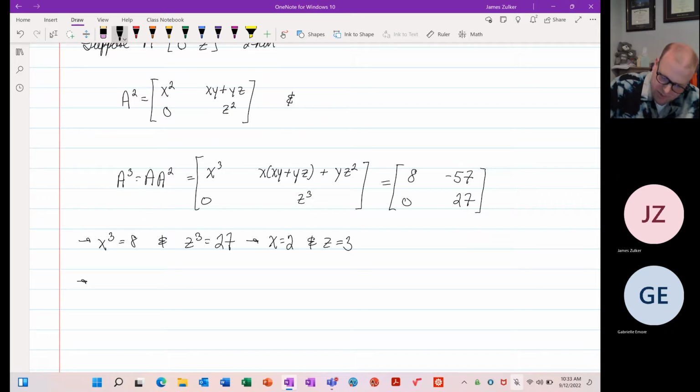Now plug those values in, right? So we're going to get 2 times 2y plus 3y plus 9y. That equals what? 10y plus 9y, so 19y.